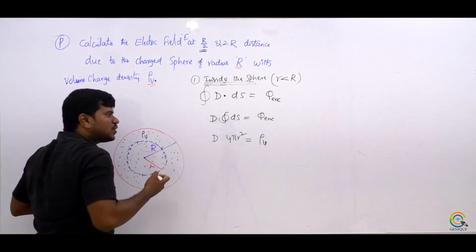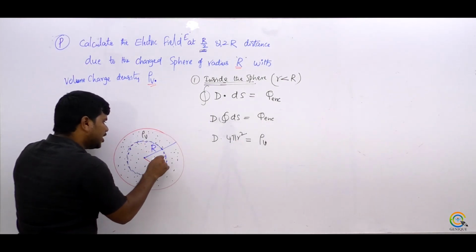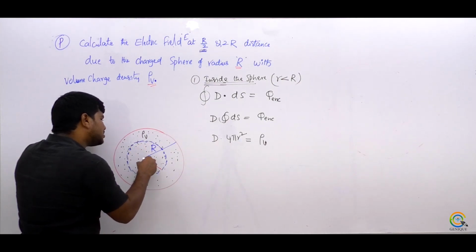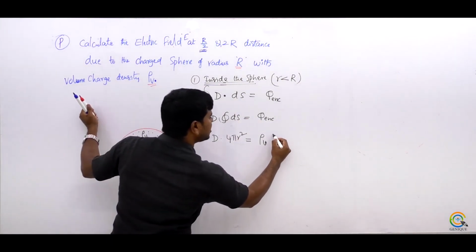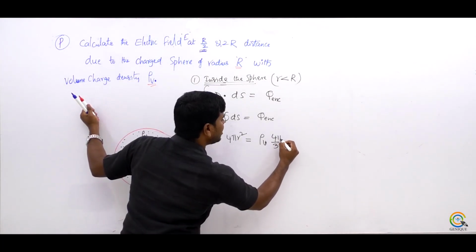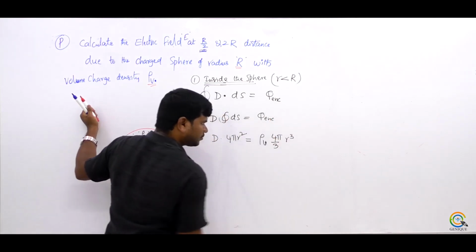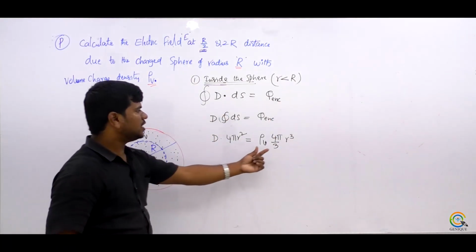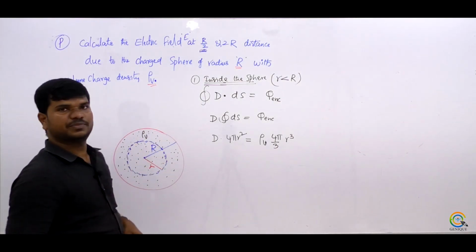So the charge enclosed within the Gaussian surface is the charge density times the volume of this Gaussian surface. What is the volume of this Gaussian surface? 4 by 3 pi r cube, the volume of the sphere. Which sphere? This sphere, the inside sphere.